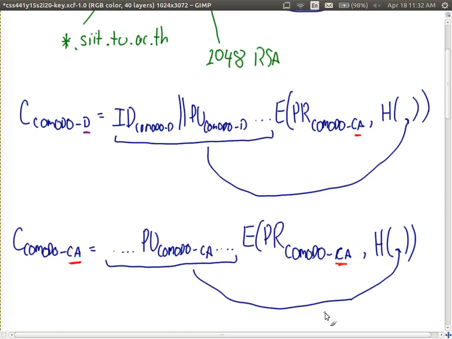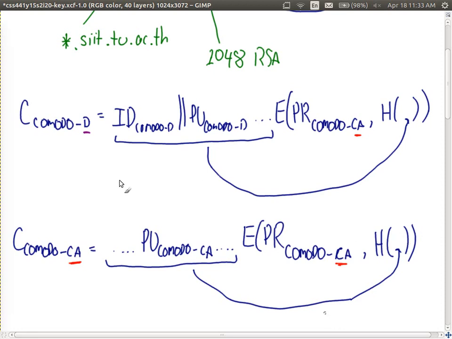Now, since we trust this certificate, we have the public key of Komodo CA. We can verify the next certificate. The next certificate of Komodo D is signed by Komodo CA. We trust Komodo CA. We have the public key of Komodo CA. So now we trust Komodo D because we've verified that their certificate is correct.